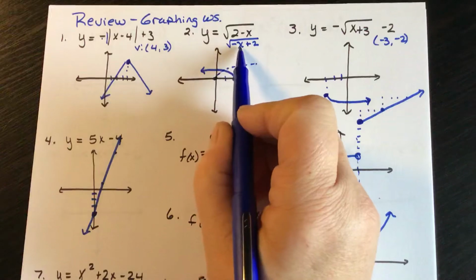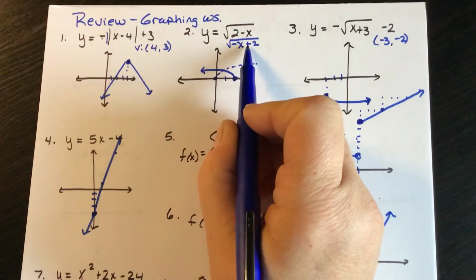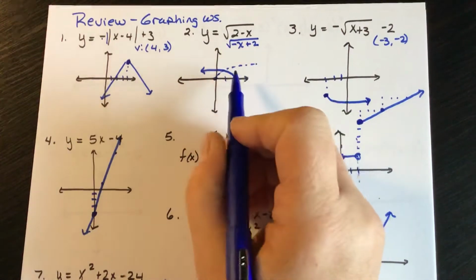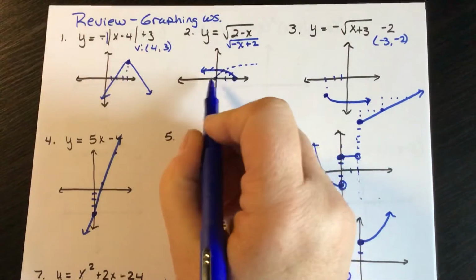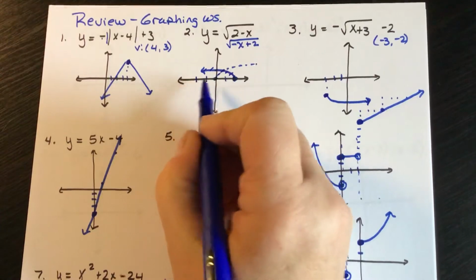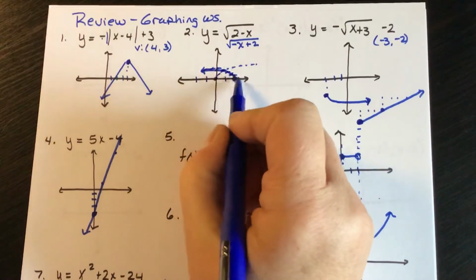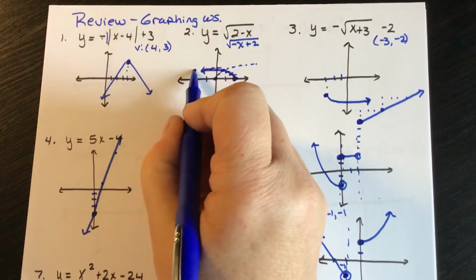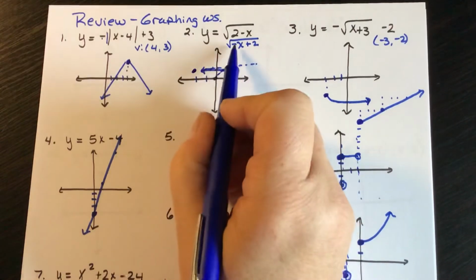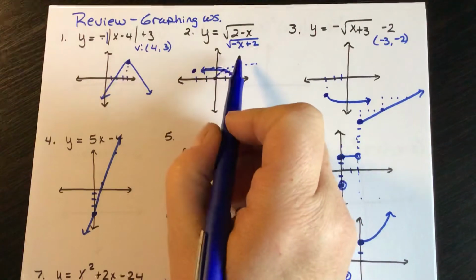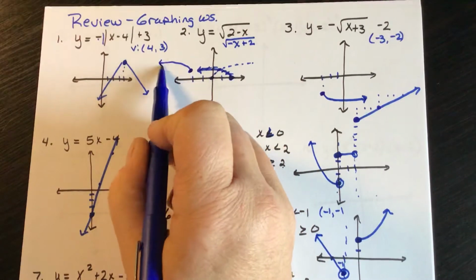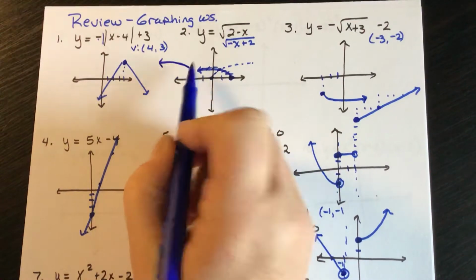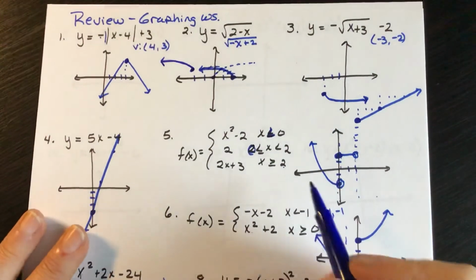The negative is going with the x, and the 2 is a plus 2, so actually this is not correct because I should be shifting to the left 2 units. So let's ignore that. I'm going to start here. And because the negative is with the x, I'm going to shift to the left. So this is actually the right graph.